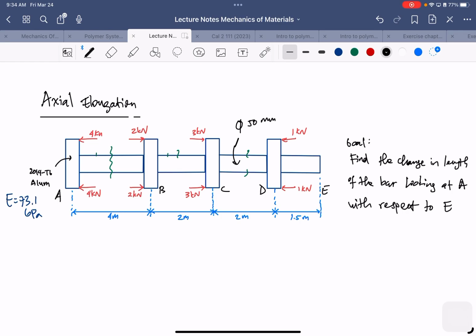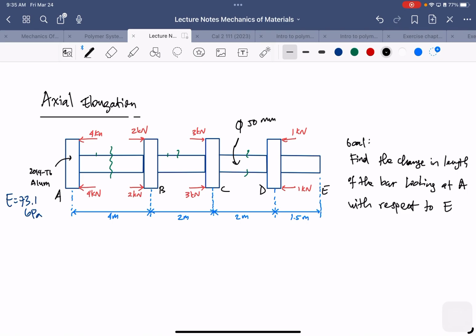Now, how do we see these questions? The question gives you the length for each bar: AB, BC, CD, and DE. So they each have a length, and the bar itself has a diameter, so of course we are going to check the cross sections.